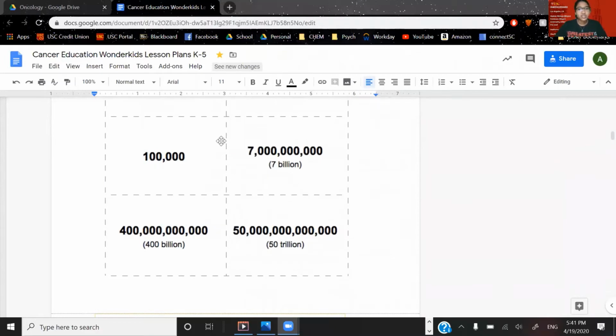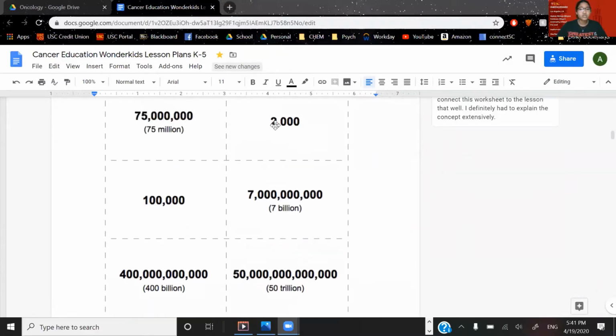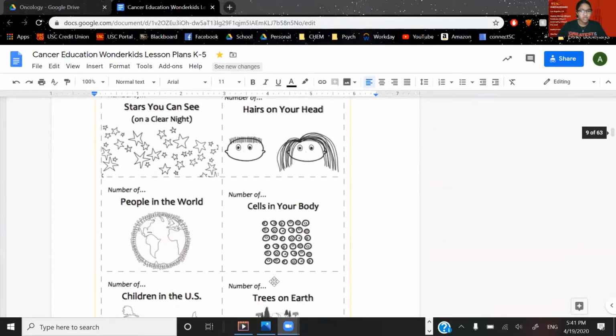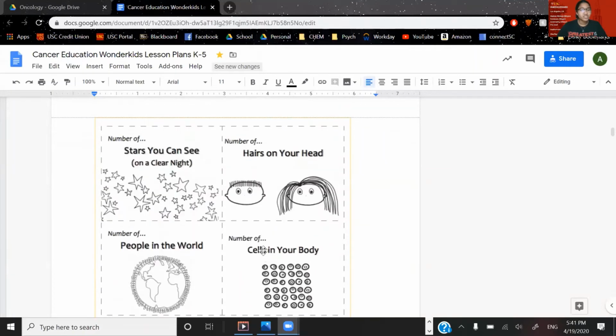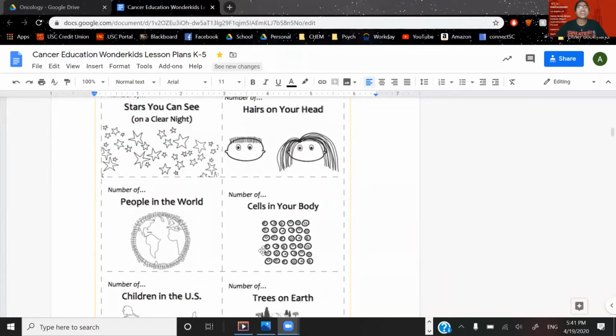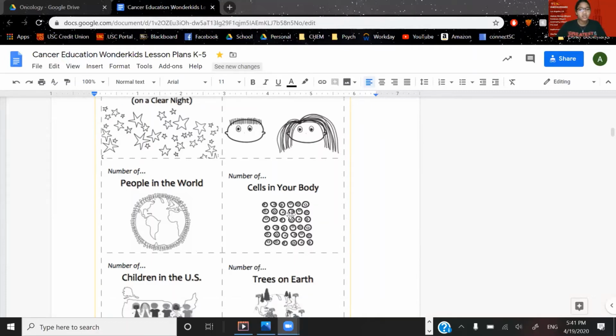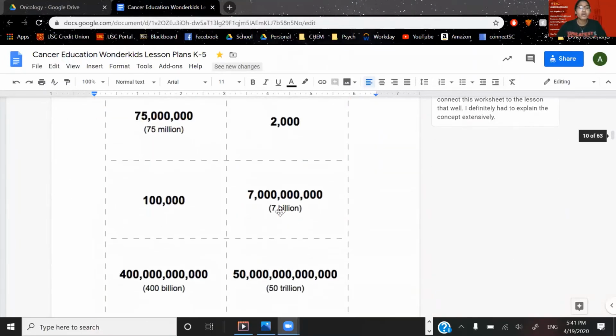You just get them to guess which value fits which inquiry. They're really not well versed in any of these in particular, so you might have to do a little guidance, like we have a lot of cells in our body and cells are super, super small, so do you think it's a bigger number or a smaller number?